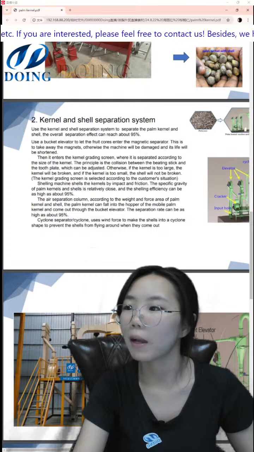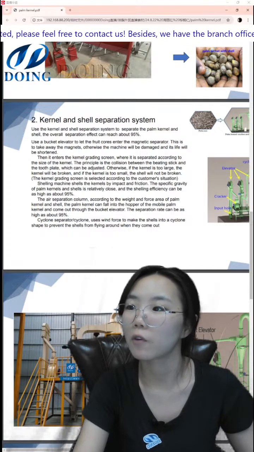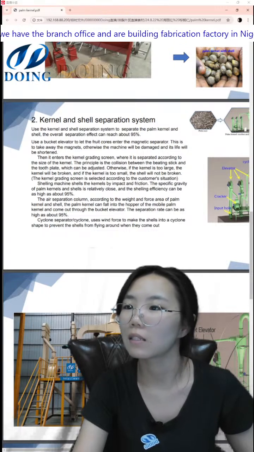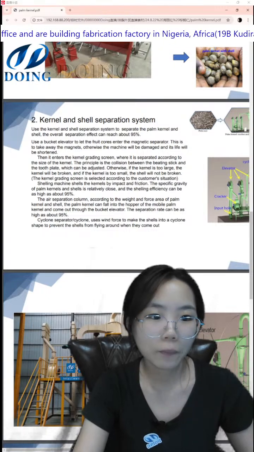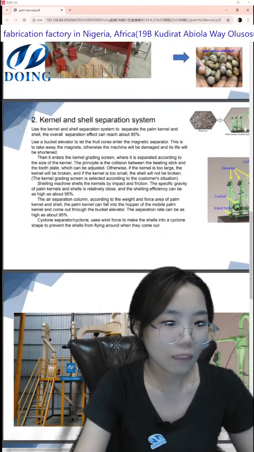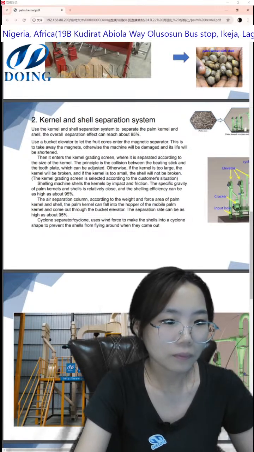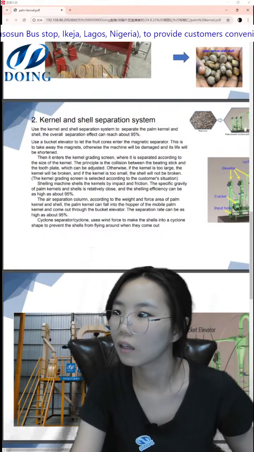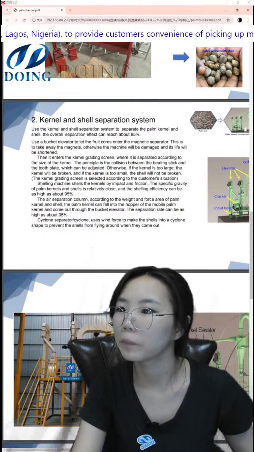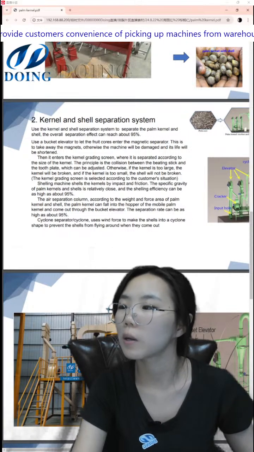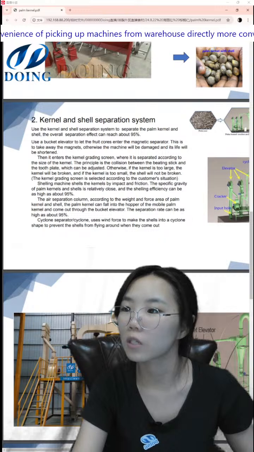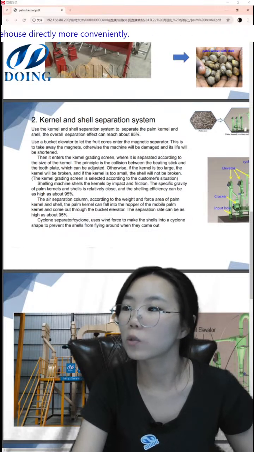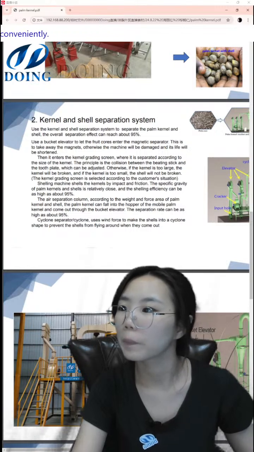And then we use a bucket elevator to let the material enter the magnetic separator, and this is to take away the magnet.